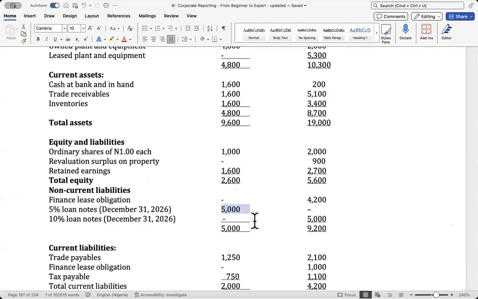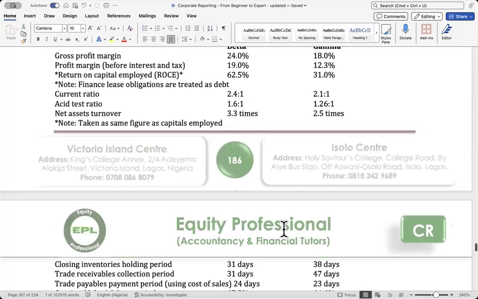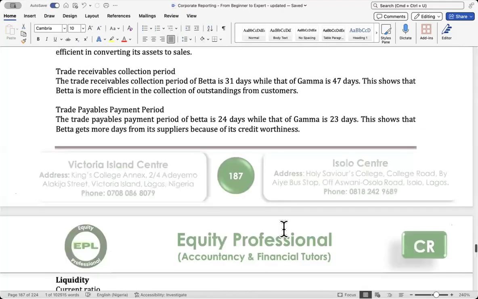I saw the equity is 2.6, and this one plus this one. This is above 100%. Why this one? I need to correct this. I didn't check it very well.